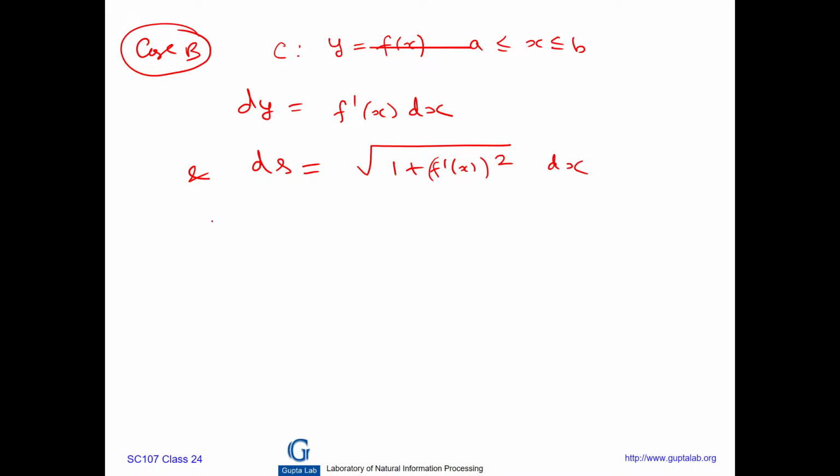Hence the formula becomes integration along C of g of x y dx becomes integral from a to b of g of x comma f of x dx. So y we have substituted with f of x.